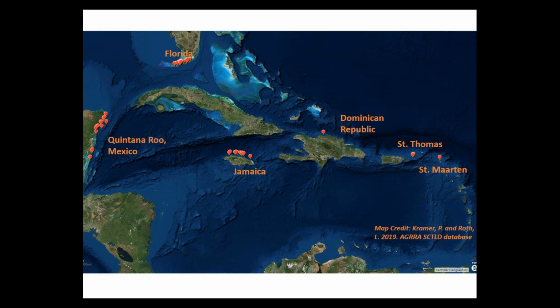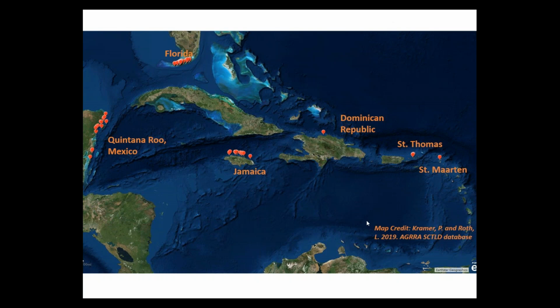So after the disease spread along the Florida reef tract, it started showing up in the Caribbean region. We first saw it in Jamaica, then along the Caribbean coast of Mexico in the state of Quintana Roo, followed by St. Martin, the southwest coast of St. Thomas, and then most recently in the Dominican Republic.